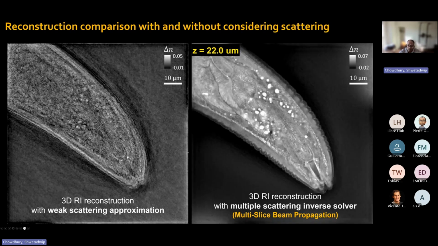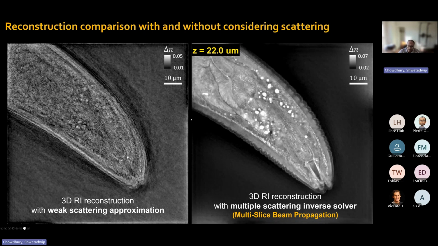Here you can see with really high contrast visibility all of the really nice high resolution features. You can see the pharynx, the striations along the periphery of the C. elegans, the mouth, all of the high density lipid structures, the muscles, and so on and so forth, right? So this shows that the data is the same, but simply by using a different model that now accounts for scattering effects, we're able to reconstruct a lot of these really rich structural features of the sample.